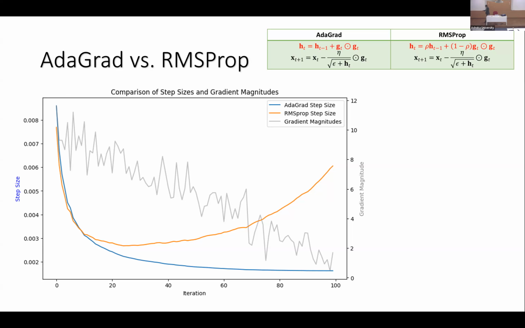The left side is showing the step size versus iteration for AdaGrad and RMS prop. In RMS prop, you can see that the step size is also increasing sometimes. It was decreasing here, then it increases. But in AdaGrad, it was the usual decrease. And on the y-axis on the right, I'm showing the gradient magnitudes. So as gradient magnitudes become smaller, the step sizes are increasing in RMS prop.